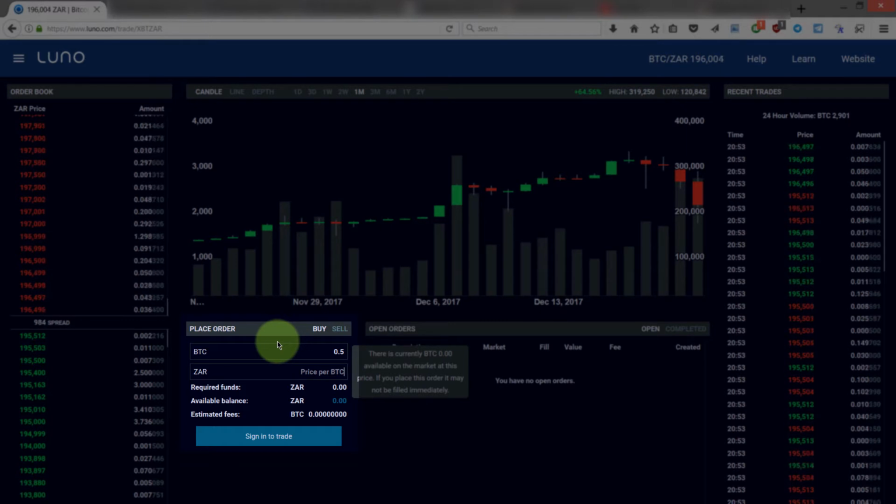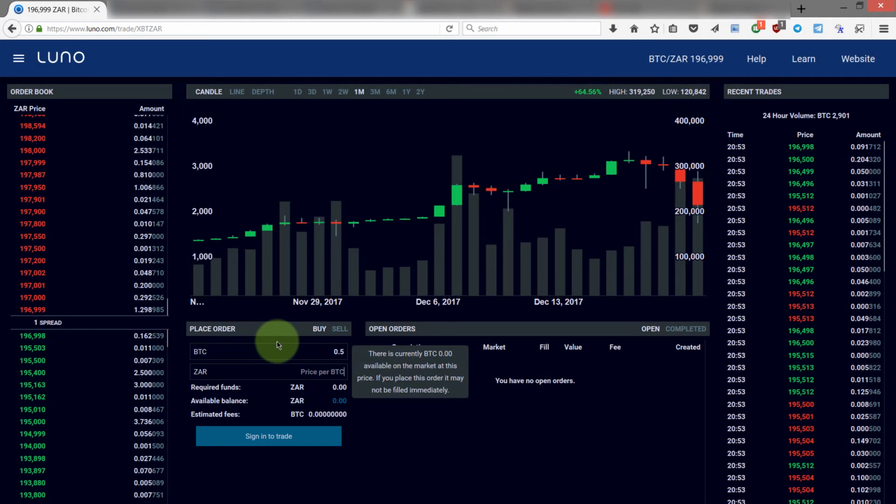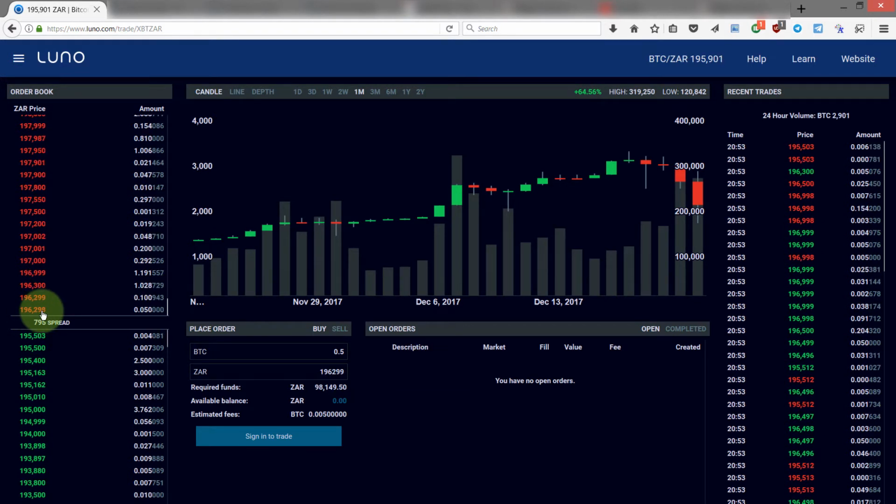If I'm in a rush or I want Bitcoin right now, I can select the current selling price, which is 169,300. And if I was signed in, there would be a buy button here. I'd click it, and that trade would go through immediately, and I would buy at the current selling price.